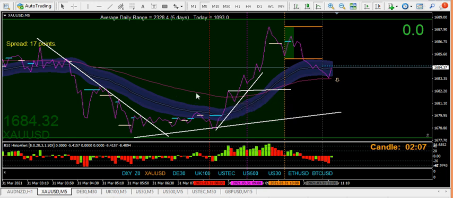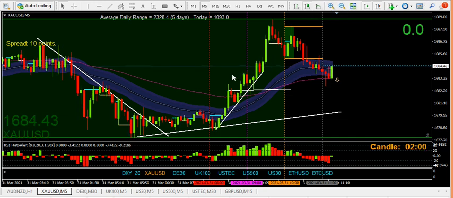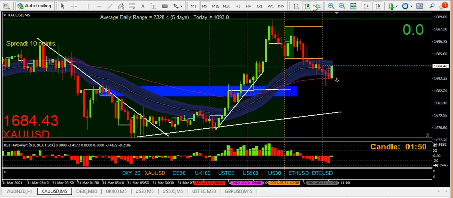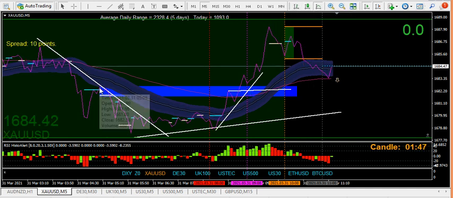We're even above that 89 EMA that I don't take much notice of, and then you can clearly see how the trend has broken on the candlesticks and the swings. Once again, line chart shows you where you are in relation to that.